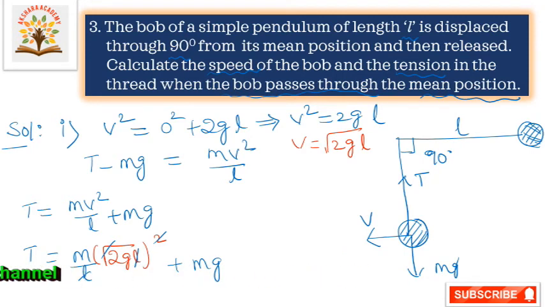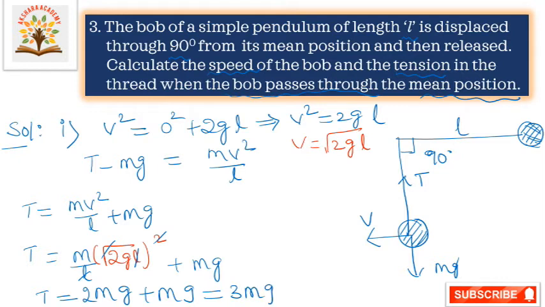We are getting T is equal to mg plus 2mg, plus mg. So that is equal to 3mg. Tension in the thread, therefore T is equal to 3mg. This is the final answer. Okay. Next we will go to the next.